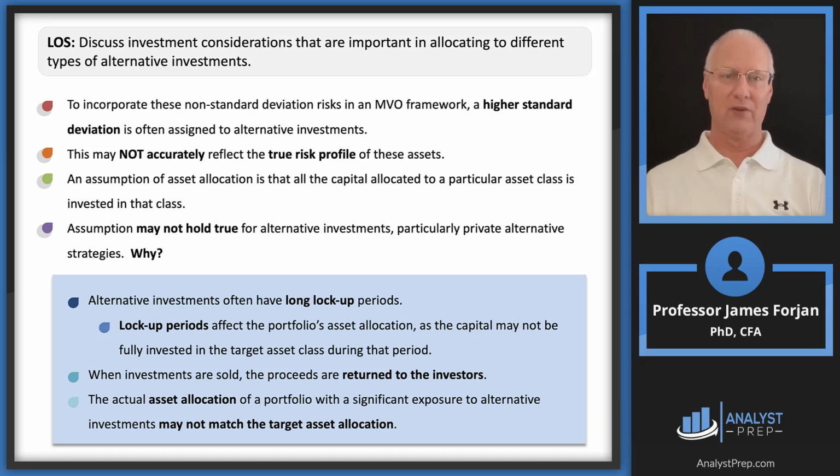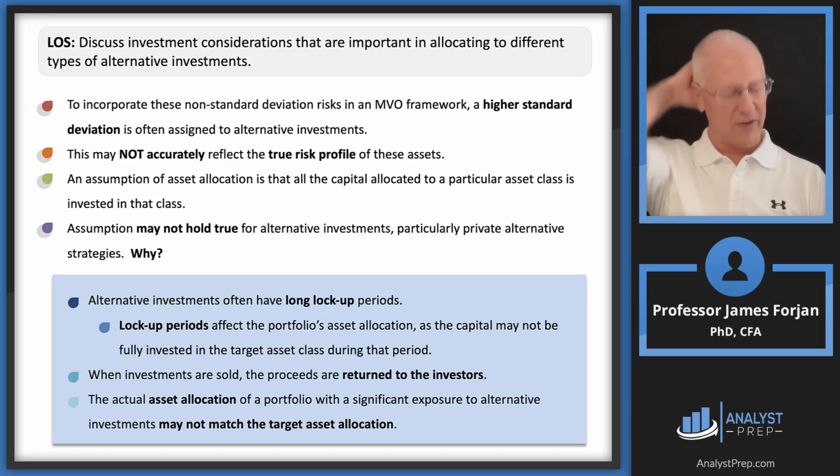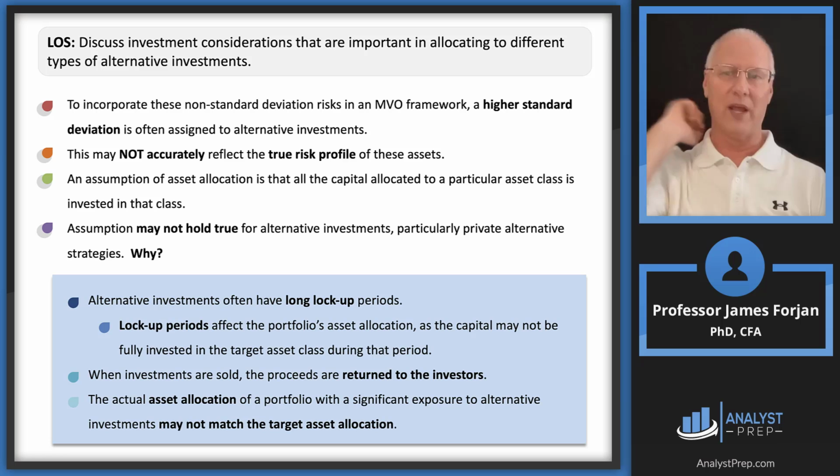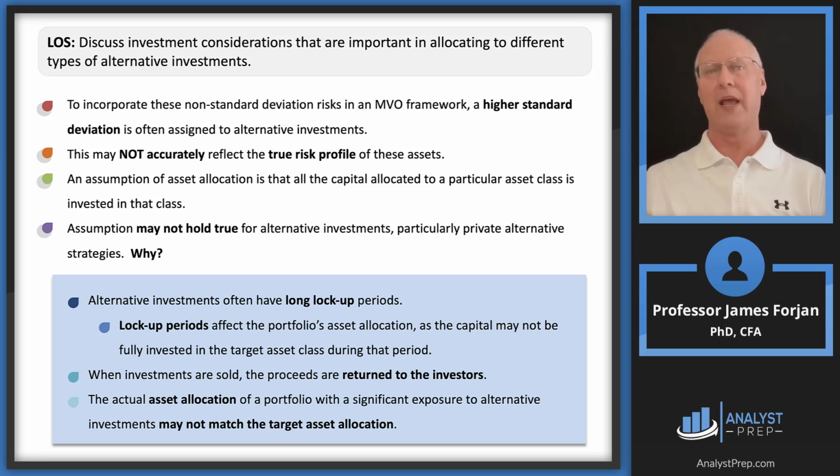A higher standard deviation is assigned to alternative investments. So this is what the module asks us to do. We're just going to assign it a higher standard deviation and live with that, and use that answer on the question, knowing full well that just assigning a higher standard deviation may or may not be accurate, and then we bring in other kinds of risks.